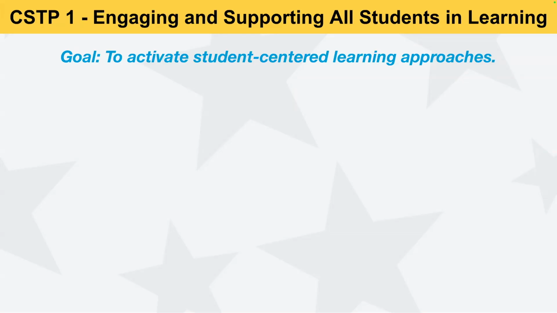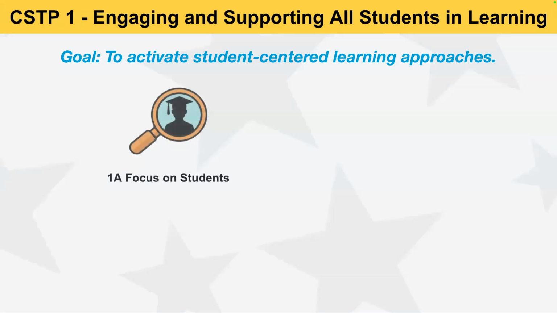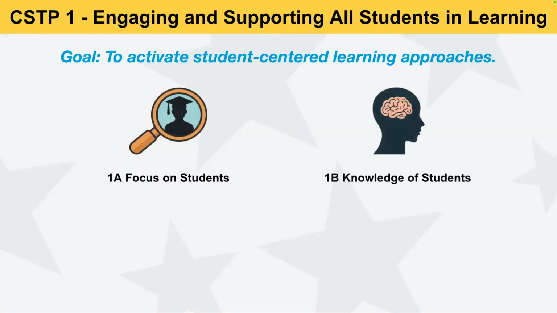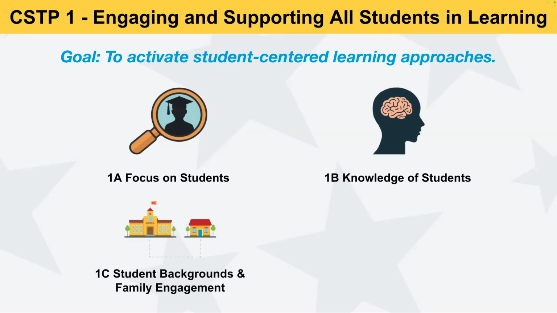CSTP 1 asks us to design learning where every student feels seen, challenged, supported, and capable through four core elements. 1A, a focus on students, center learning around student identity and lived experience. 1B, knowledge of students, understand each learner's strengths, needs, and assets. 1C, student backgrounds and family engagement, partnering with families and communities to support learning. And 1D, diversity and equity, creating equitable access and outcomes for all students.